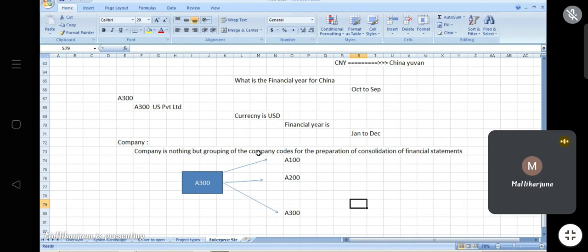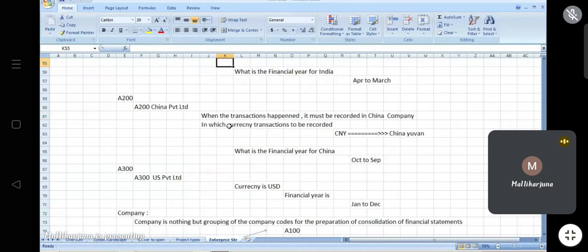The parent company is in India. In India we follow the financial year April to March, and the currency is INR. One more thing we need to understand is accounting standards: in which accounting standards the statements are to be prepared.